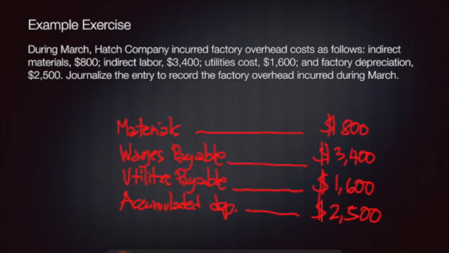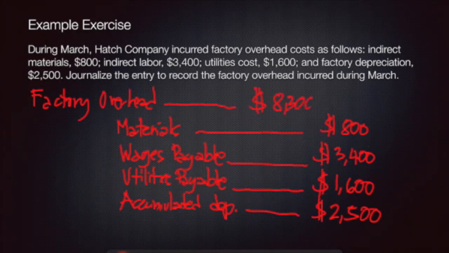If we total this will be $8,300. So that will be the factory overhead, which will be at the debit side. So that's how we journalize the entry.